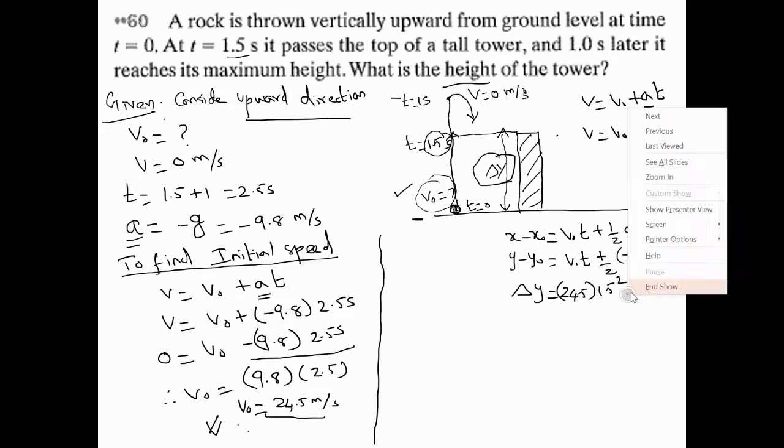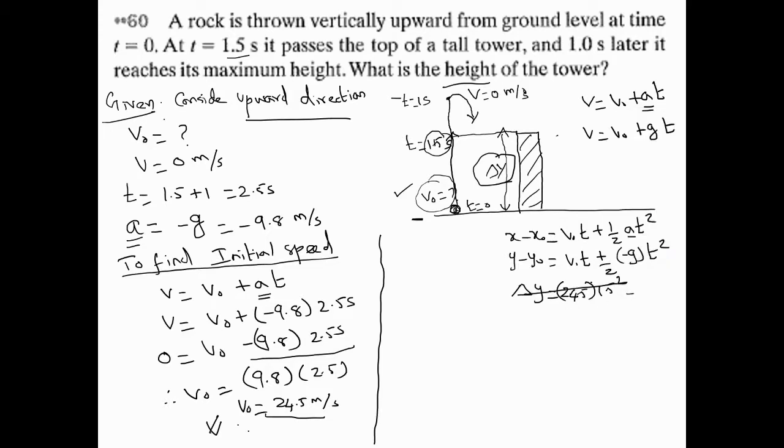Delta y is equal to 24.5 multiplied by 1.5 plus half minus 9.8 multiplied by 1.5 square. If you simplify this, your delta y is equal to 26 meter.